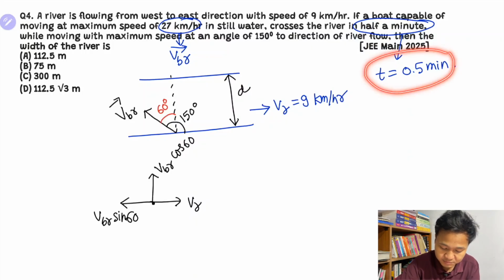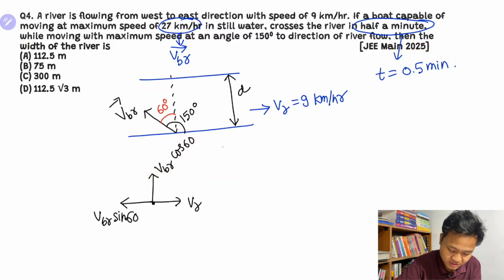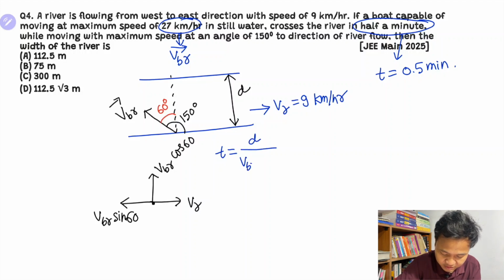This component is responsible for the vertical motion. So time will be equal to distance divided by VBR cos 60. Here D equals VBR cos 60 into time, which is 1 by 2 into time.